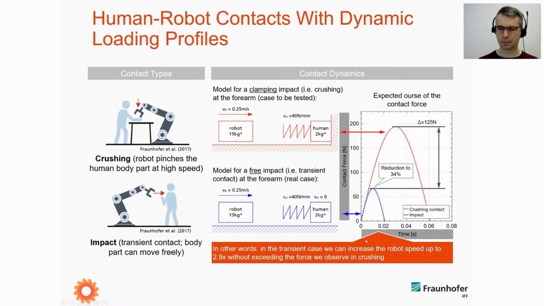The force is reduced by 43%, and this directly translates into a robot speed which can be increased by 2.9 times, and then we still do not exceed the force we observe in crushing. So both contact types have significantly different dynamics. That's just as background information.